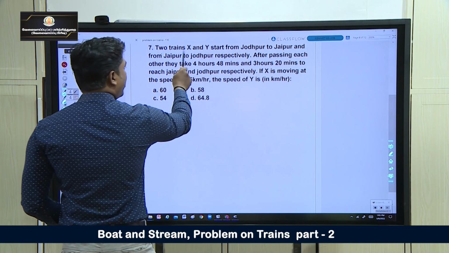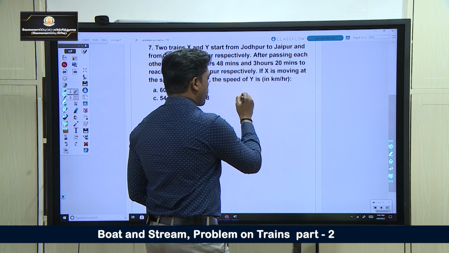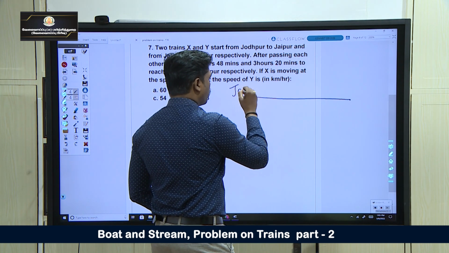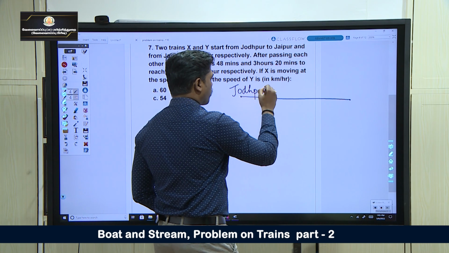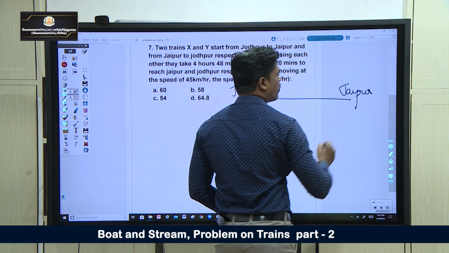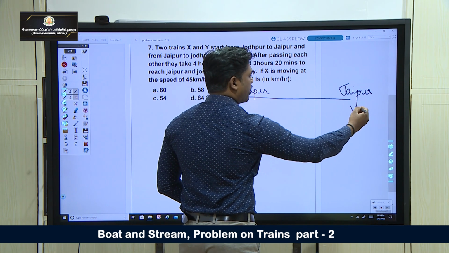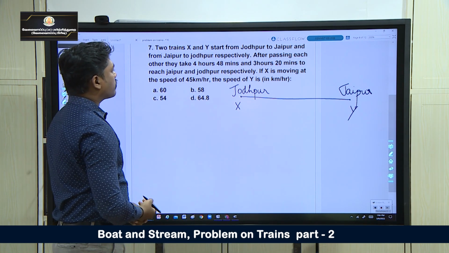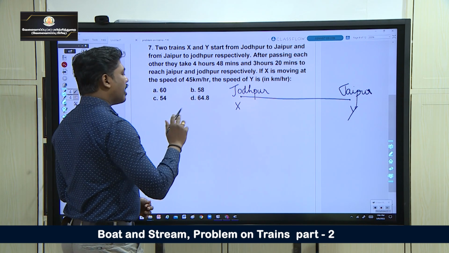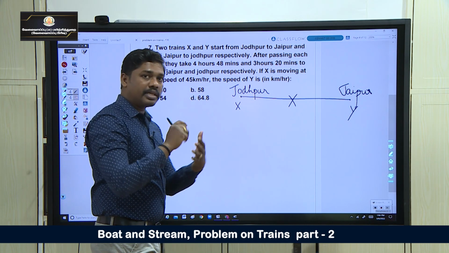So look at here, two trains X and Y start from Jodhpur and Jaipur. So this is Jodhpur and this is Jaipur. X is going to Jaipur, Y is coming to Jodhpur. They are crossing each other at this point.